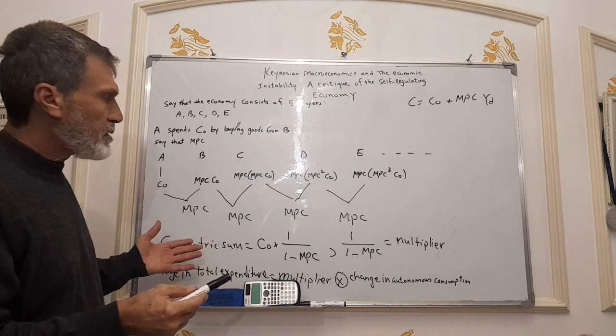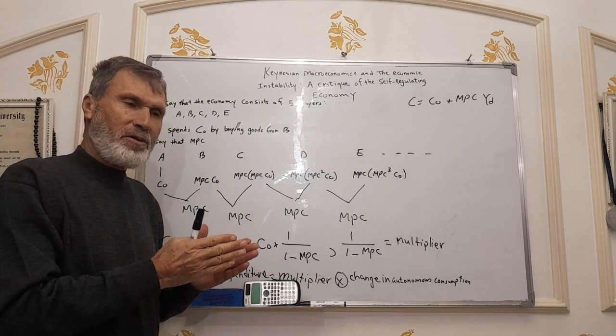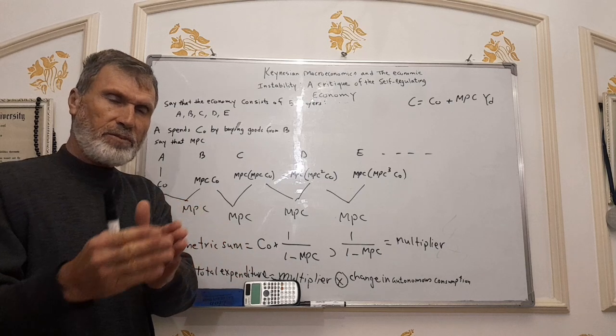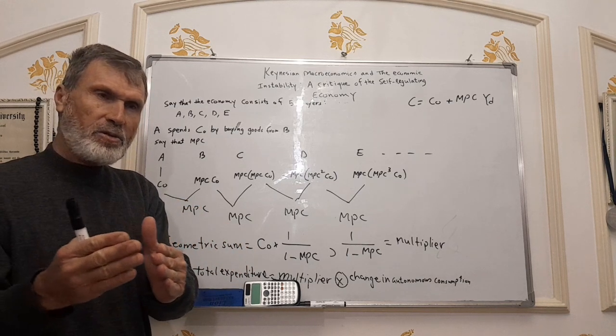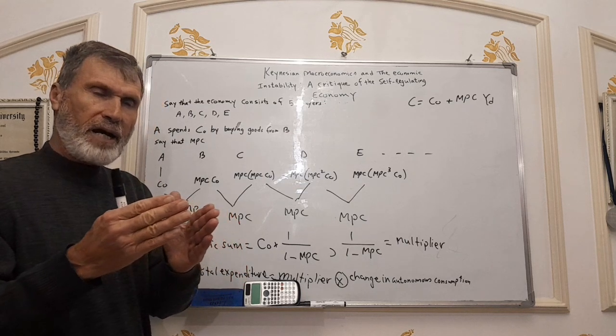The multiplier process is where you have an increase in autonomous consumption, C0. Then this will generate an income for a person.